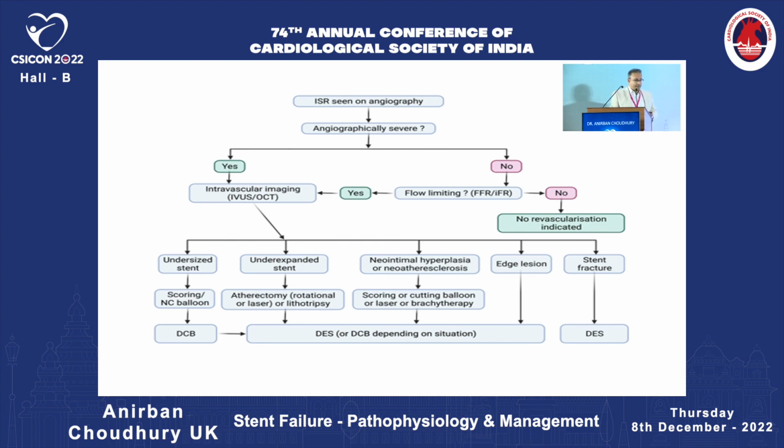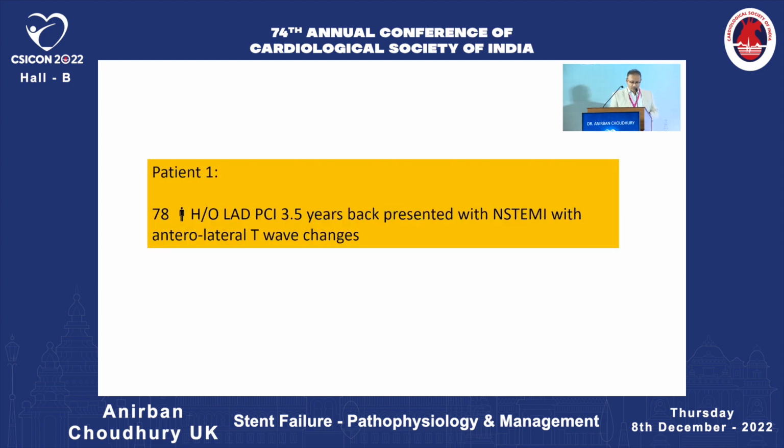If it doesn't look very tight, physiologically assess to determine whether it needs treatment. If it looks tight, you image it and work out the exact mechanism. Is it undersized, underexpanded, whether it's neointimal proliferation, or is it neoatherosclerosis, is it a stent fracture, is it an edge dissection, etc., and then work out how to go around modifying the factor and treat it with a new stent or a drug-coated balloon.